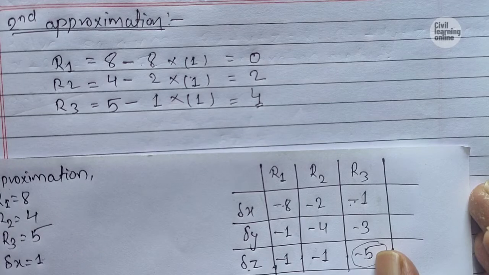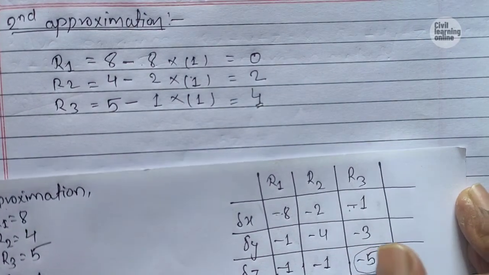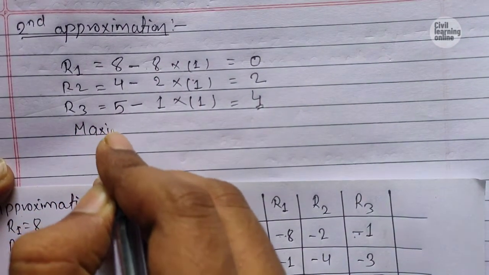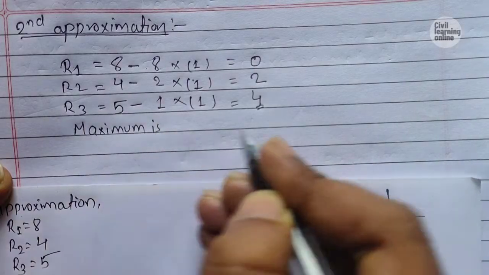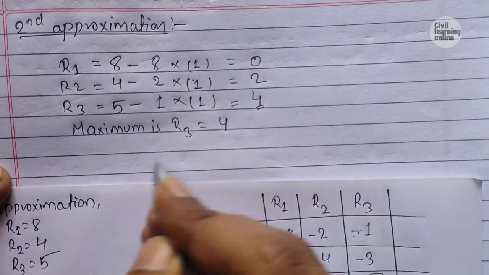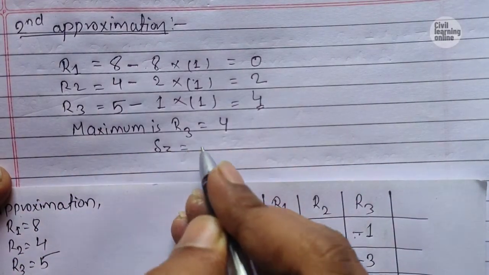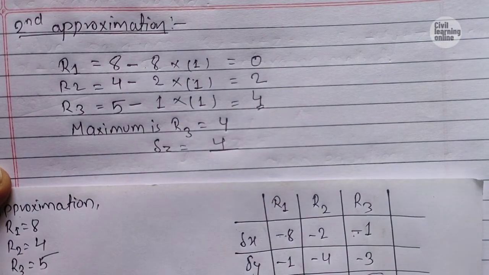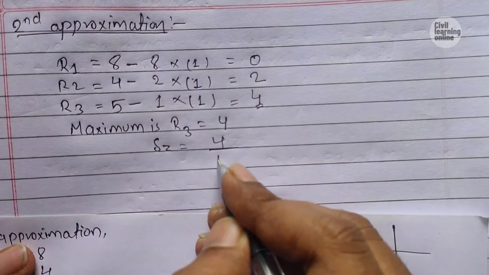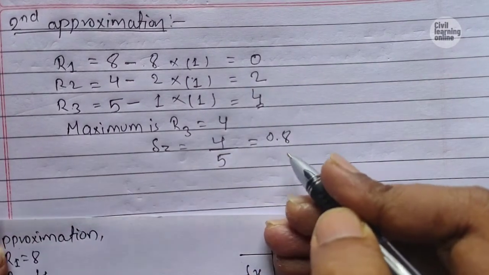Here we have -5, so we will divide that value with +5. Maximum value is r3 equals to 4, and in r3 we have del z, so del z equals to 4 divided by 5, then we will get 0.8. This is the value of del z.